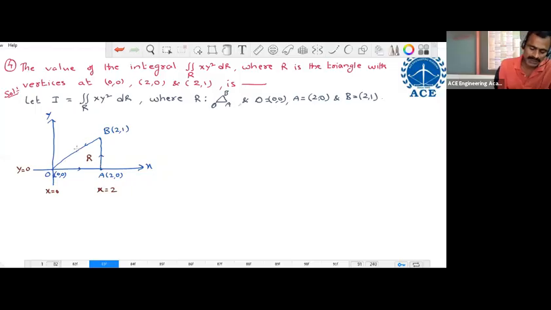Next, the equation of this line segment: by using the two-point formula of a straight line, we can write the equation of the line. Y equal to x by 2.